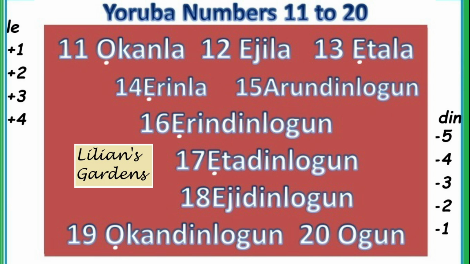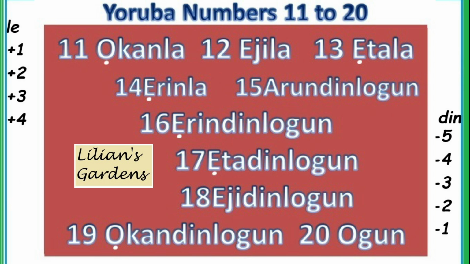Number 11, ọ̀kànlá. 12, èjìlá. 13, ẹ̀tàlá. 14, ẹ̀rìnlá. 15, àrúndínlógún. 16, ẹ̀rìndínlógún. 17, ẹ̀tàdínlógún. 18, èjìdínlógún. 19, ọ̀kándínlógún, and 20, Ogun.